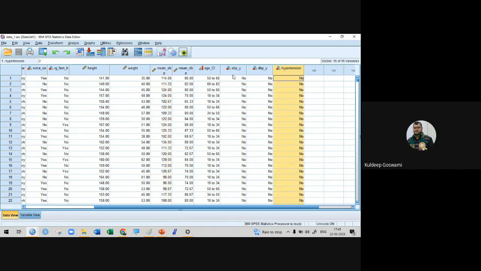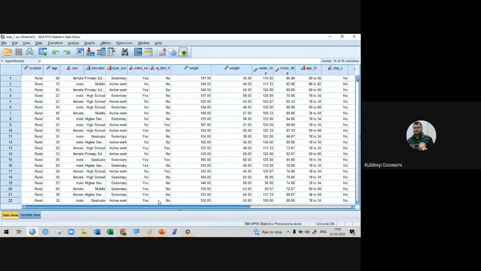Then the last one is hypertension, whether a person has hypertension or not. If a person has systolic blood pressure more than 140 and diastolic blood pressure more than 90, then the person is said to be a hypertensive patient.